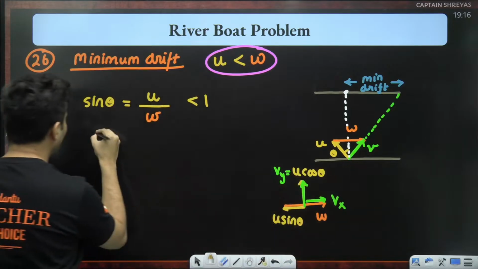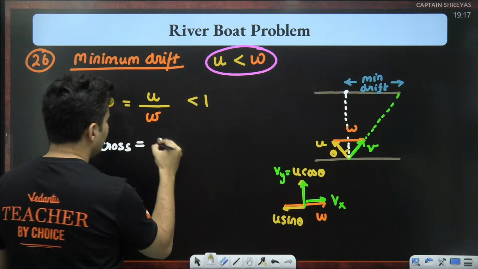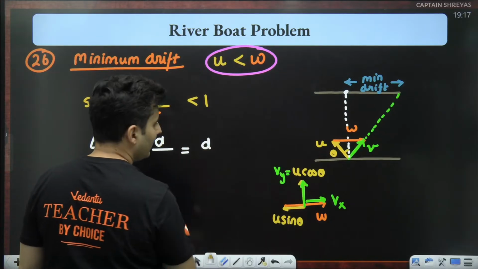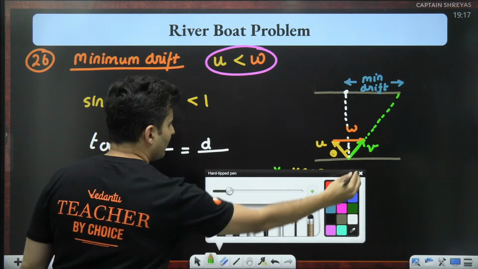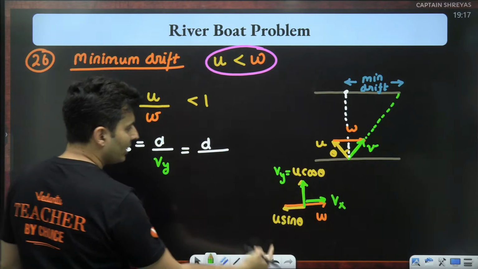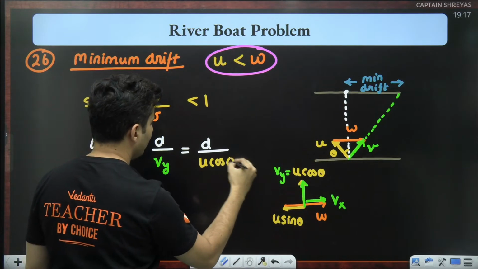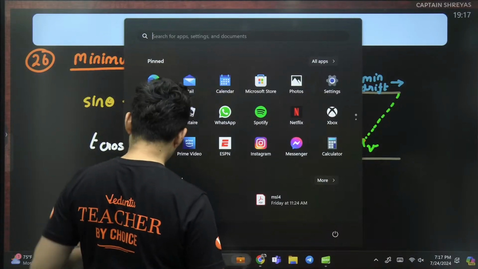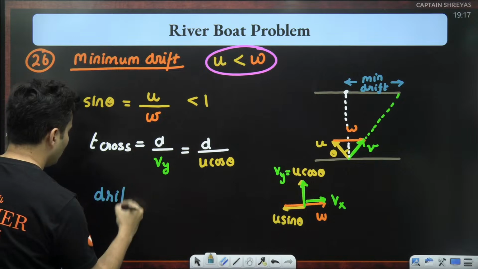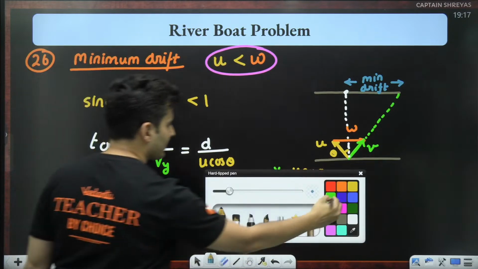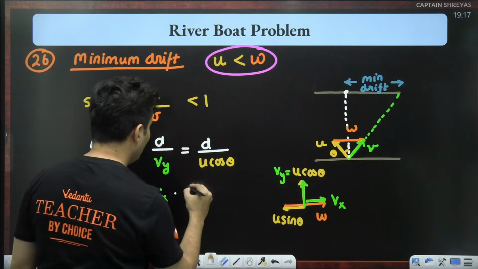If you want to again find the time taken to cross, it is distance by speed, so it will be nothing but distance by Vy. And over here, what is Vy? Vy is nothing but u cos theta. If you are talking about the drift, my dear warriors, it will be the Vx component multiplied by the time taken to cross.